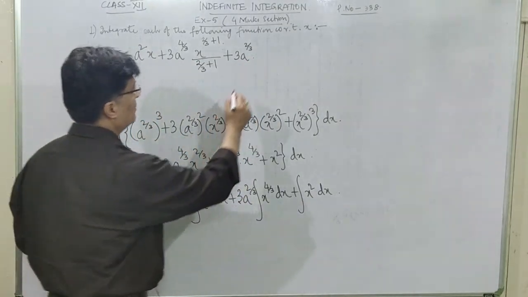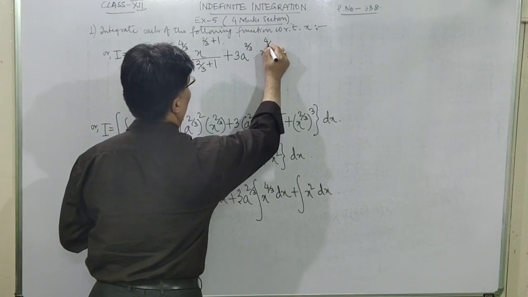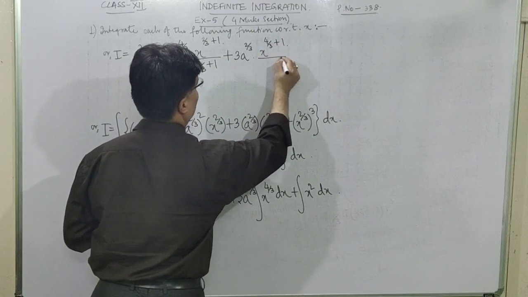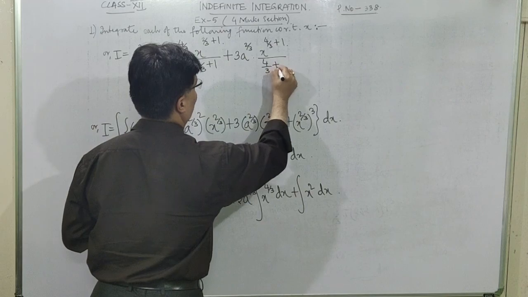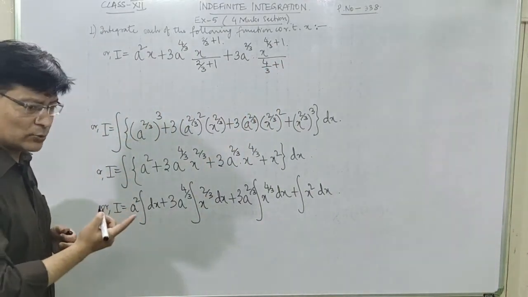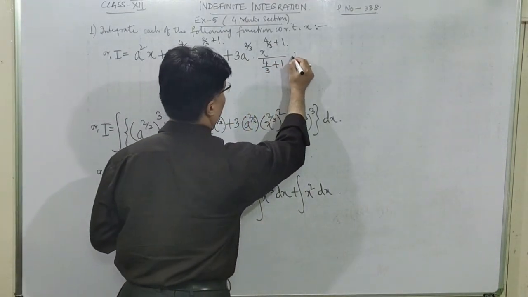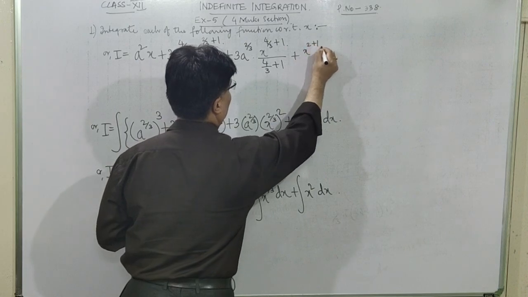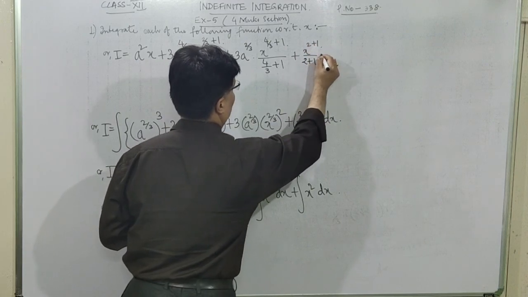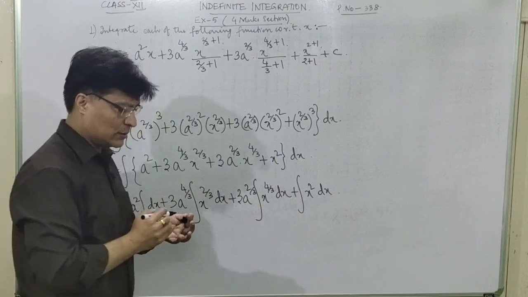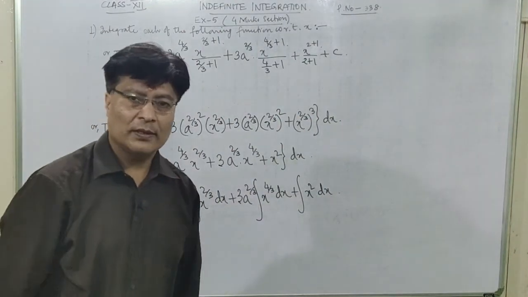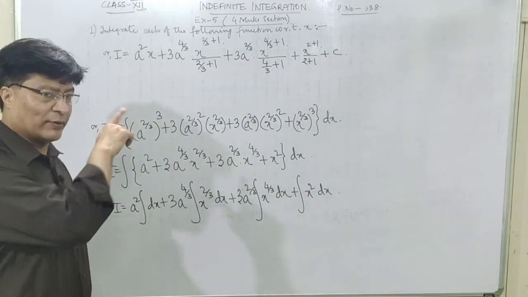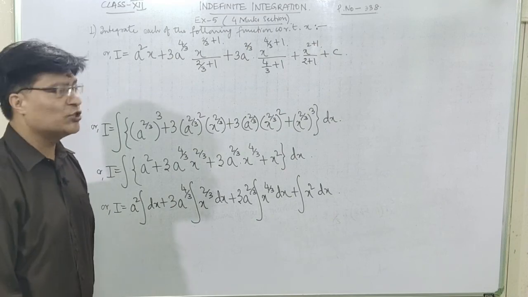What is this integration? x to the power 4 by 3 plus 1 divided by 4 by 3 plus 1. And next, what is the last one? What is the integration of x squared? x to the power 2 plus 1 divided by 2 plus 1. Then you should write plus c, because after integration, you have to write the constant of integration, that is c.